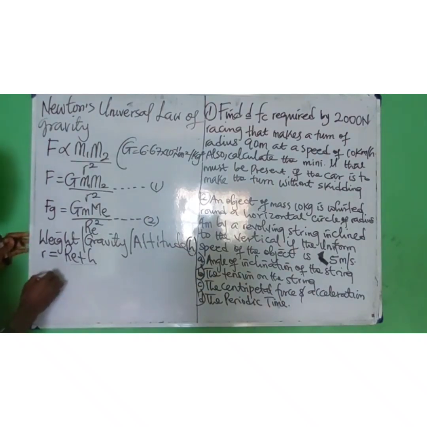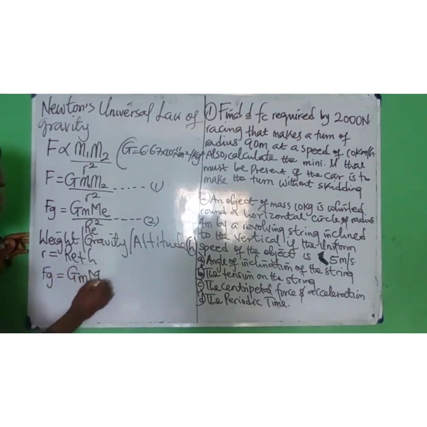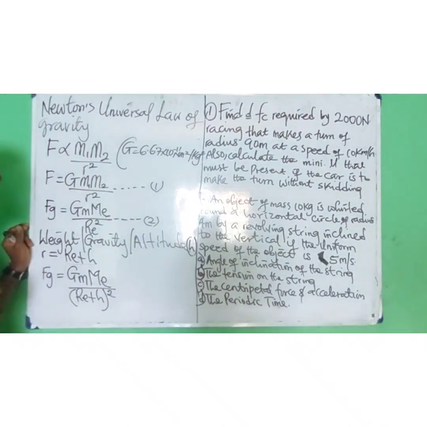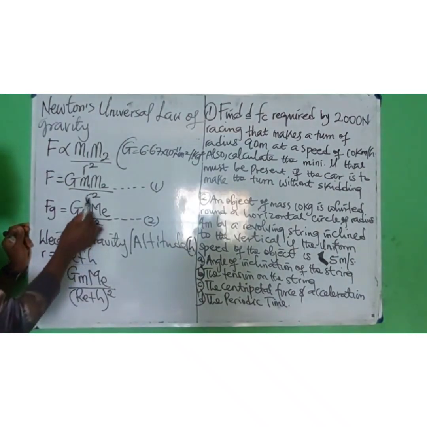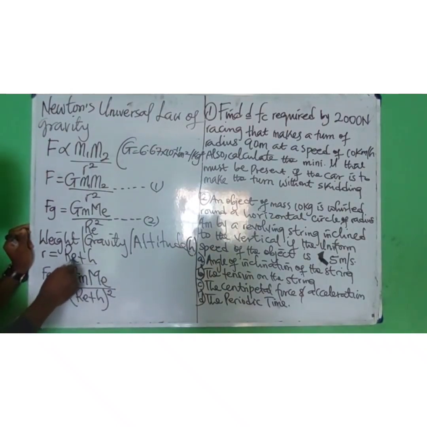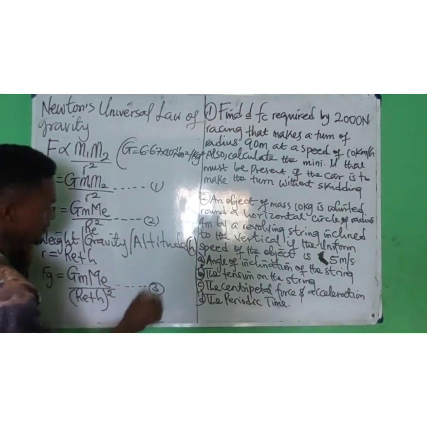It therefore means that Fg equals G, small letter m, don't forget, Me, over open brackets Re plus h all squared. Isn't that correct? Very, very correct. Because R was squared, I've introduced it, and now we have Re plus h, because R is Re plus h. Take note of that. So I'll call this equation 3.